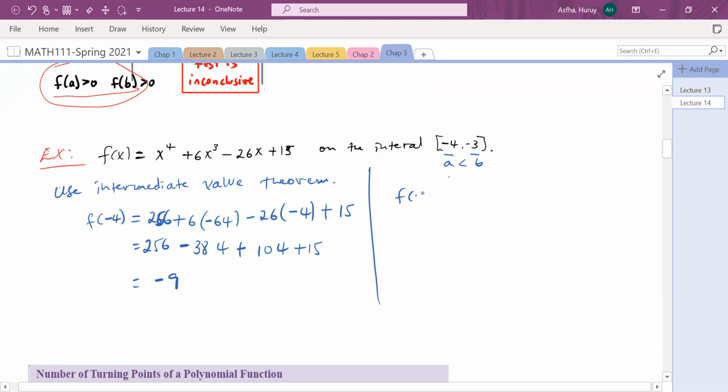And for f of negative 3, it will be negative 3 to the 4th. That will be 81 minus 6 times negative 27 minus 26 times negative 3 squared plus 15. So we have 81 plus this is 162, I guess.